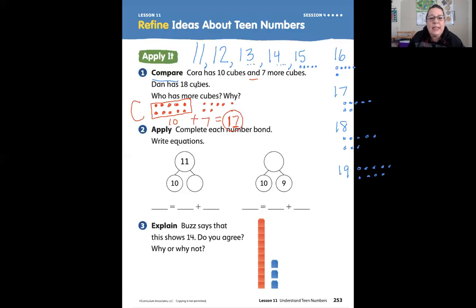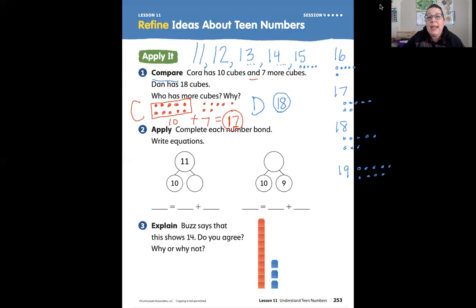Dan has 18. Let's change our color up. Dan has 18 cubes. Who has more cubes? Does Cora have more cubes or does Dan have more cubes?